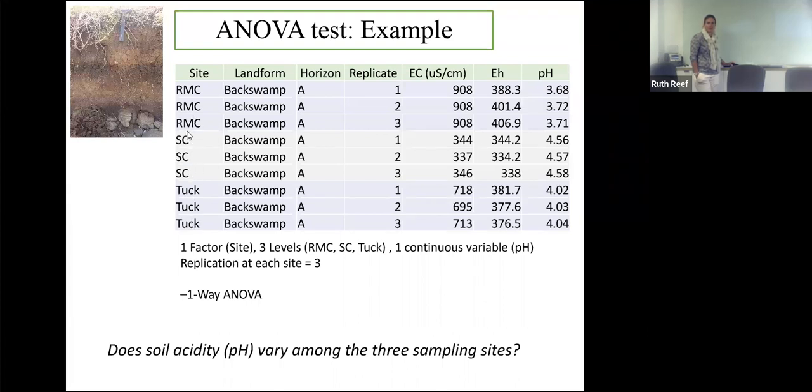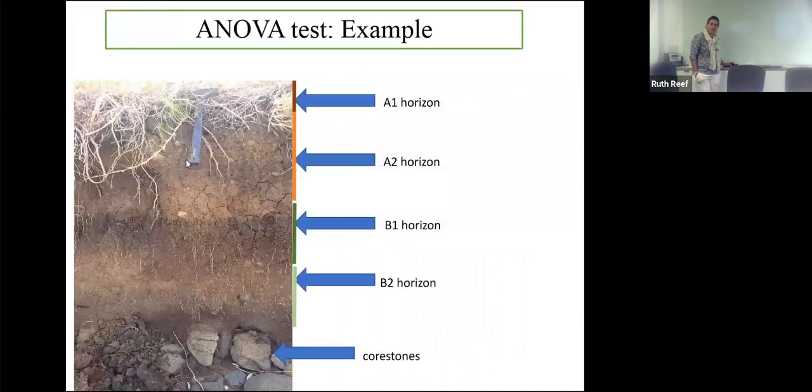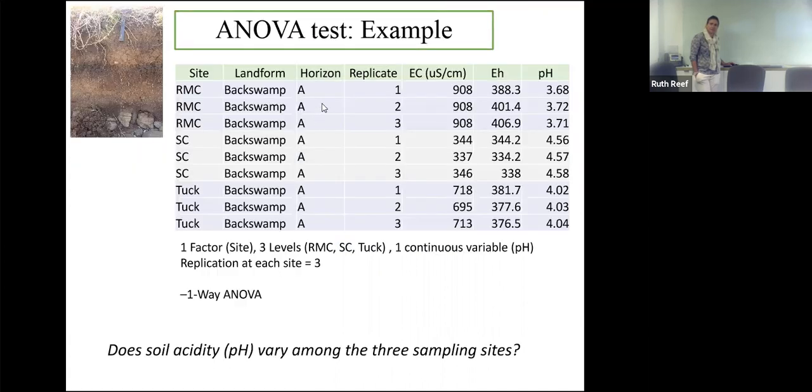There are 3 sites here, and she's collected the soil cores from the back swamp, which is probably the part where the swamp kind of goes back to a dry landscape. And these are the horizons that she sampled, so only the A horizon, so that's this bit here. And these are replicates, how many times she sampled. She sampled in different sections of the swamp. She took 3 cores from each site.